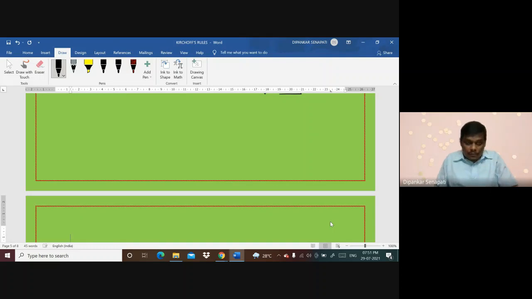Now, a very simple example. Let us solve an example. See, this current is equal to 1 ampere. This current is equal to 0.15 ampere. So, what is this current?